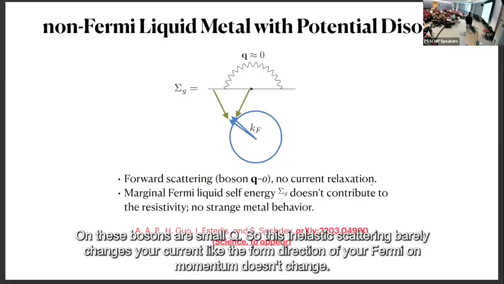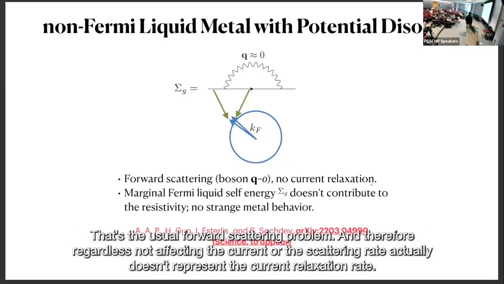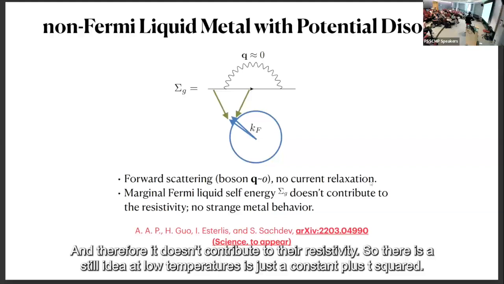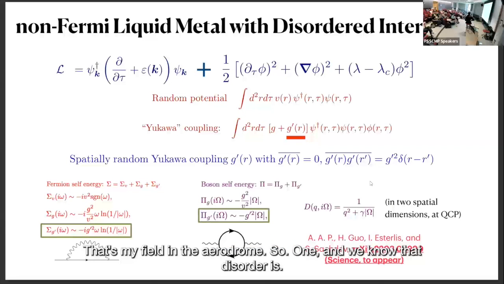These bosons are at small q, so this inelastic scattering barely changes your current, like the fermion momentum direction doesn't change. This is the usual forward scattering problem, and therefore, because this is not affecting the current, this scattering rate doesn't represent the current relaxation rate, and therefore it doesn't contribute to the resistivity. So the resistivity at low temperatures is just a constant plus T squared. There's no T-linear term.